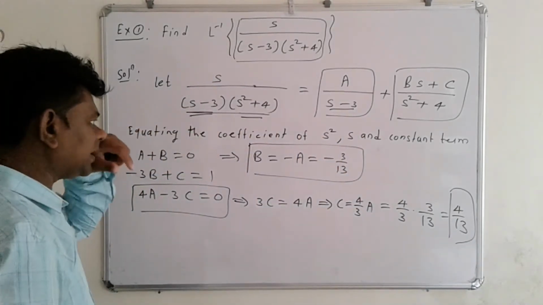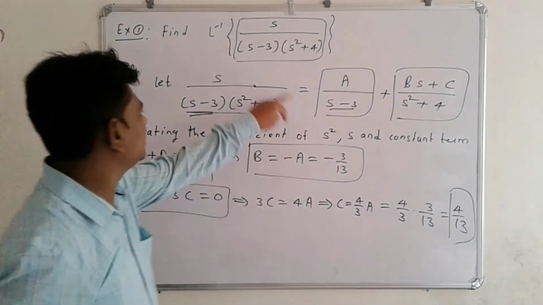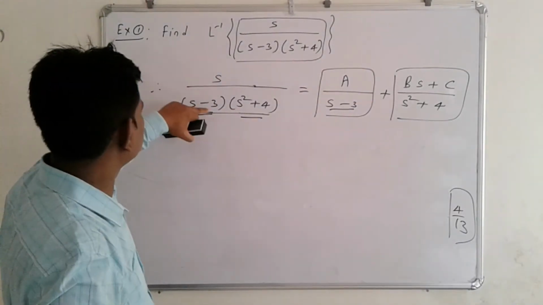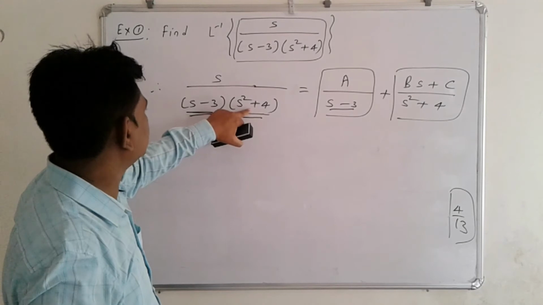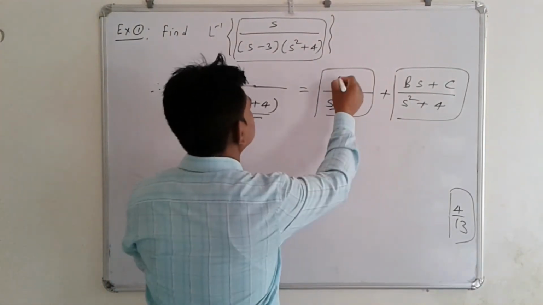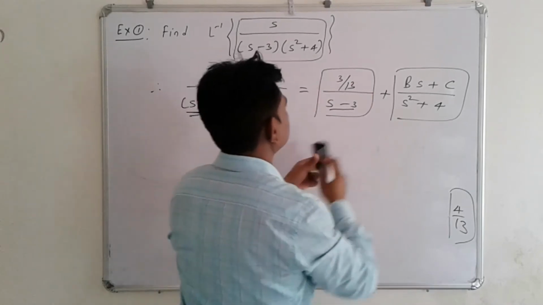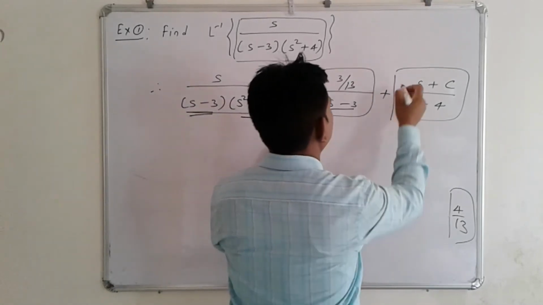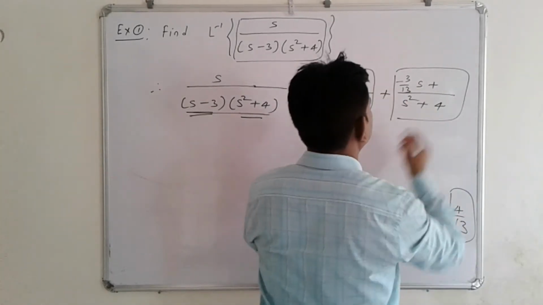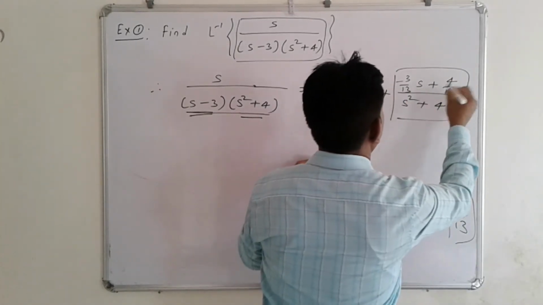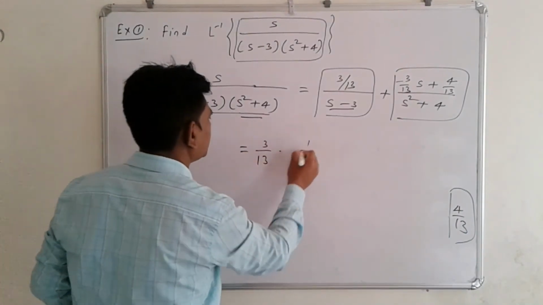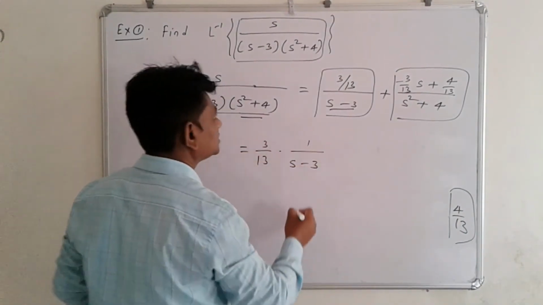Now substituting the values of a, b and c in here, therefore s upon (s minus 3) times (s square plus 4) is equal to, this a is 3 by 13, this b is minus 3 by 13, and this c is 4 by 13, and this is equal to 3 by 13 times 1 upon s minus 3.